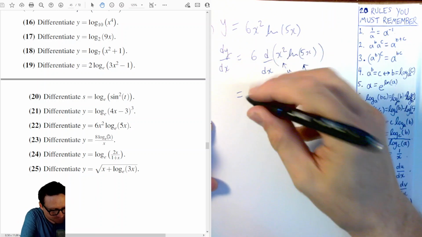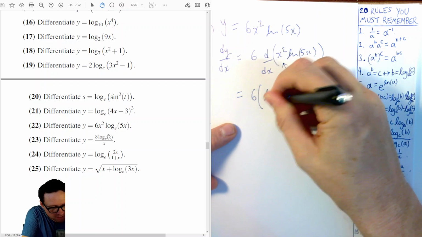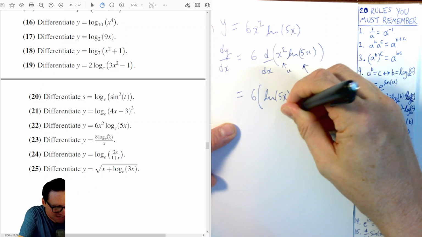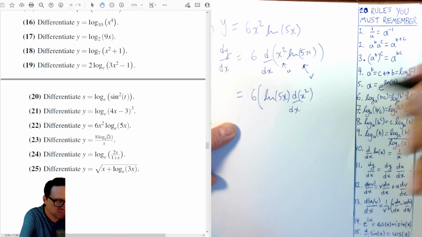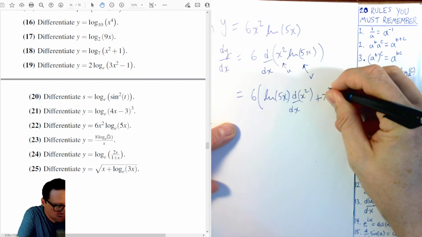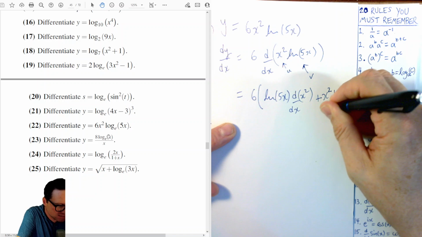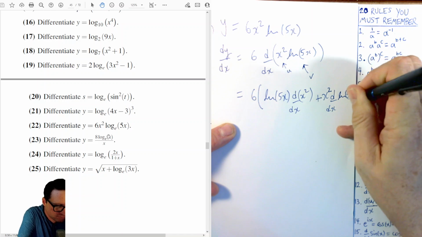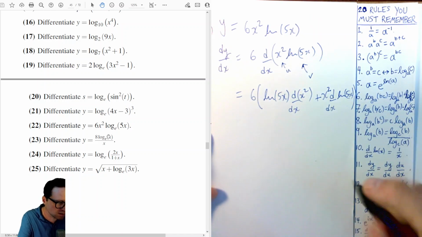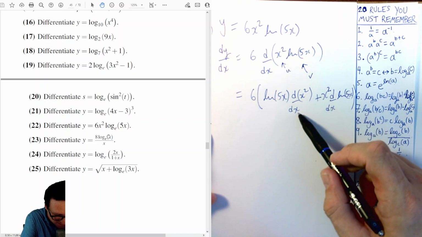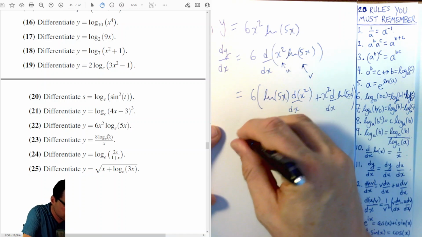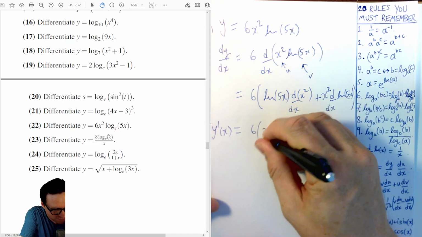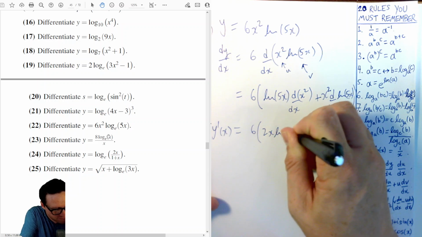So 6 bracket ln 5x times the derivative with respect to x of x squared. And then we swap these around. X squared d on dx of ln 5x. Okay, the derivative of x squared with respect to x is 2x. Let's put that in front. So we have 6 outside of 2x ln 5x.